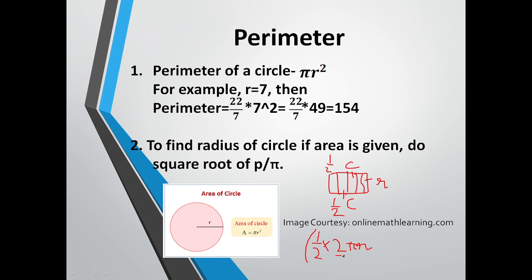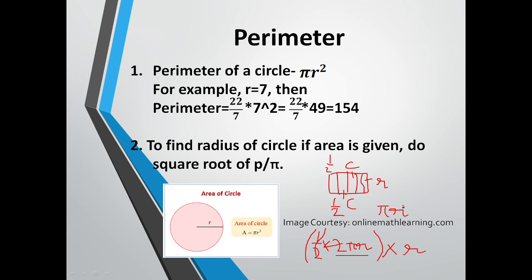Into the breadth, and the breadth is the radius. If we cancel things out, the half cancels with the 2, then we get pi r into r, so we get pi r squared. I hope you got it.